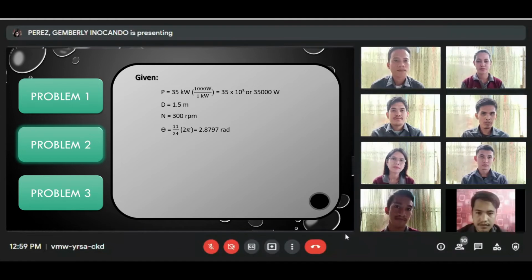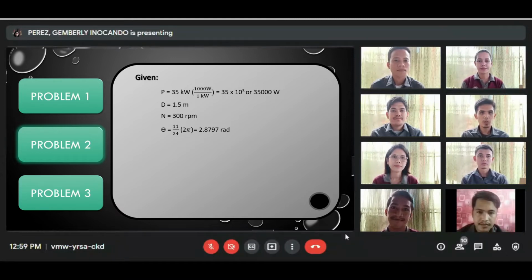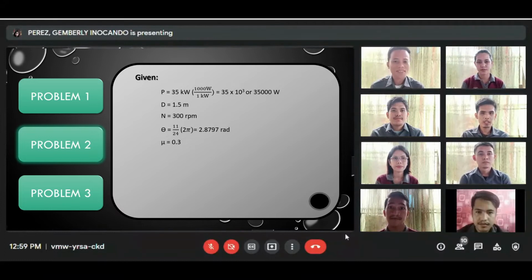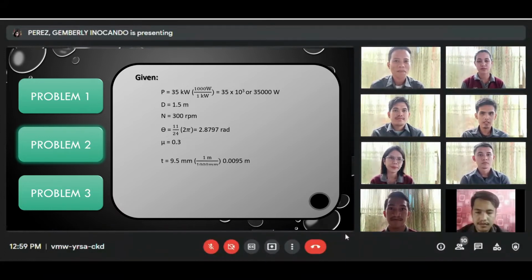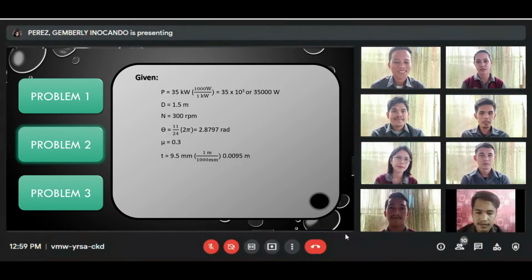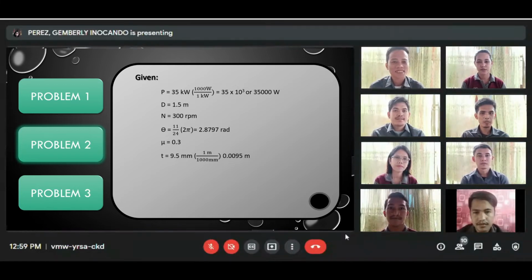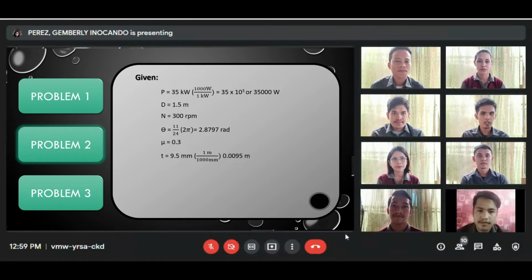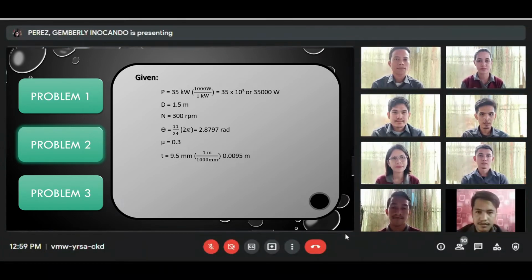To convert to radians, we multiply by 2 pi, which equals 2.8797 rad. The coefficient is equal to 0.3. The thickness of the belt is equal to 9.5 millimeters; convert it to meters by multiplying by 1 meter over 1000 millimeters, which equals 0.0095 meter.